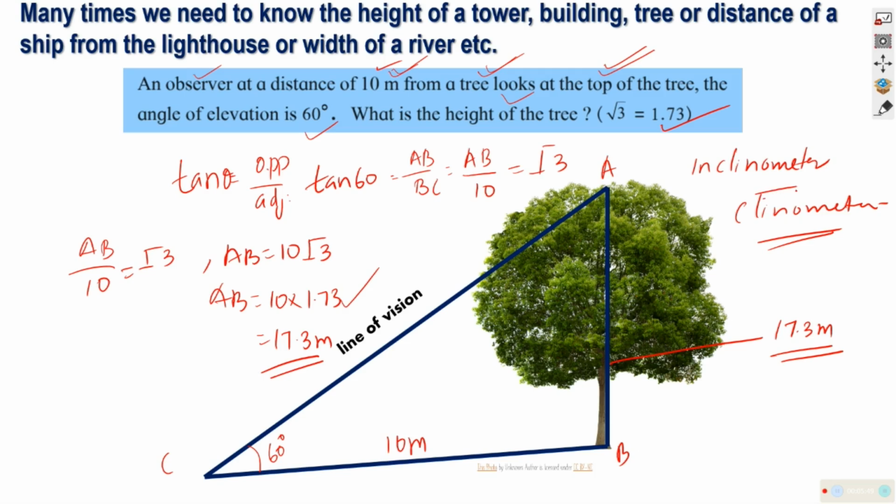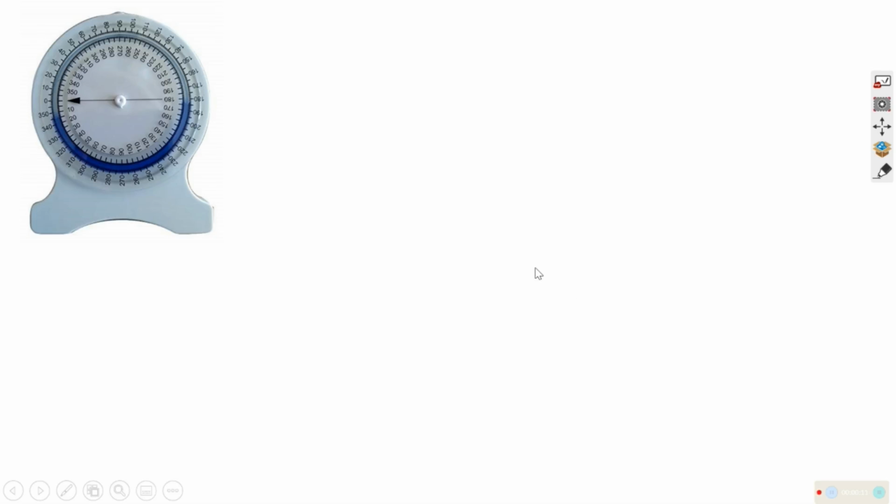This instrument is used for measuring the angle of elevation and angle of depression. I will show you that instrument, at least by diagram. Okay, I will show you some common inclinometer or inclinoscope, all those things available, where you can measure the slope.